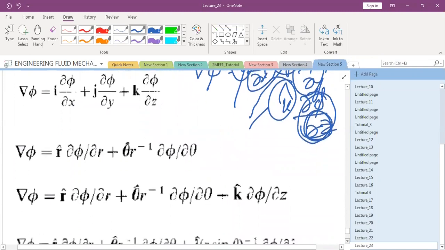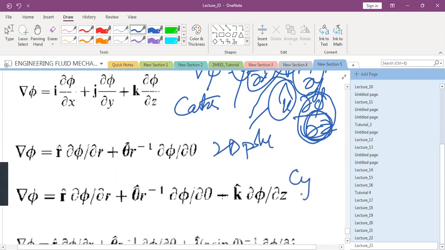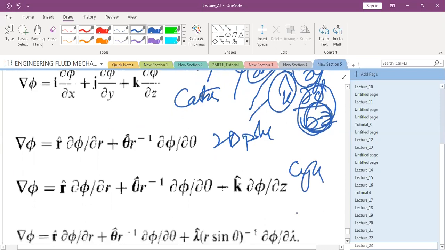But what I want from your side is the derivation part of these expressions, how you will proceed. This is in Cartesian coordinates. This is in 2D polar. This is cylindrical. And this is spherical coordinates.